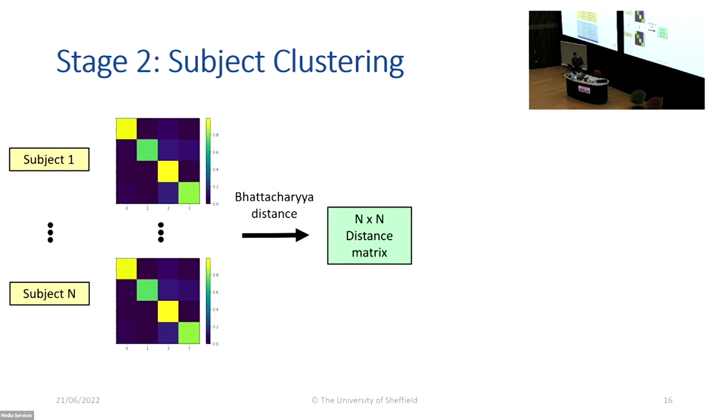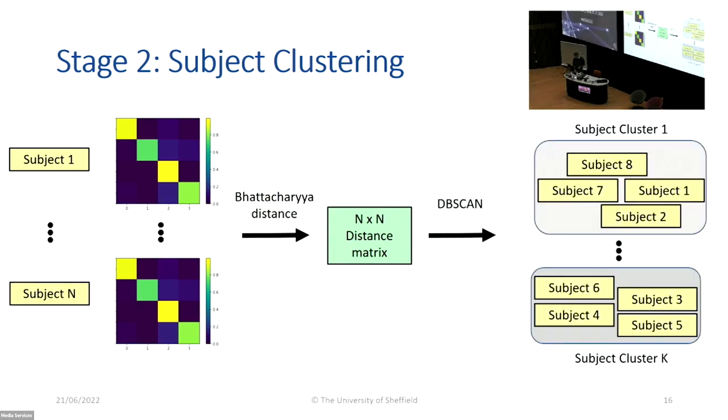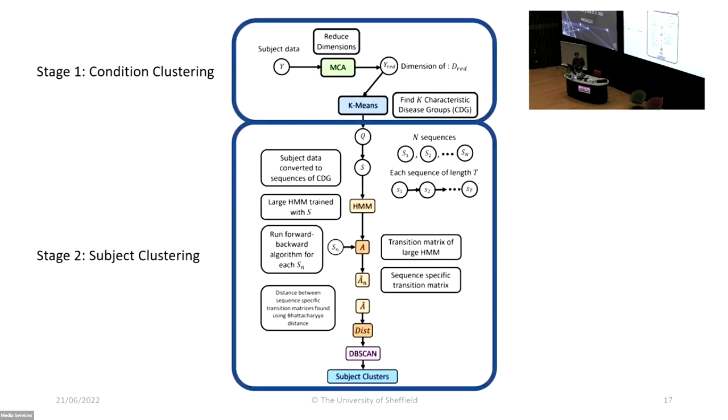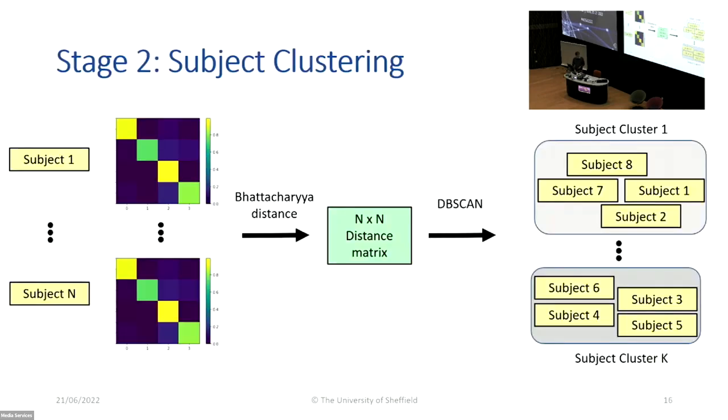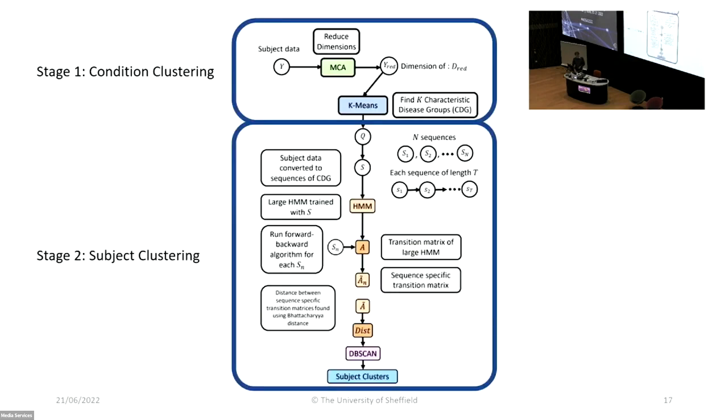We then compare all these transition matrices using the Bhattacharyya distance measure and produce an m by n distance matrix. This distance matrix is then fed into the DBSCAN clustering algorithm, and we finally produce subject clusters, so each subject is placed into a cluster. This is the entire pipeline in detail, and the 2 stages are separated out.